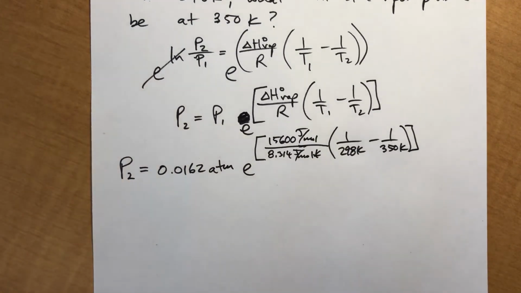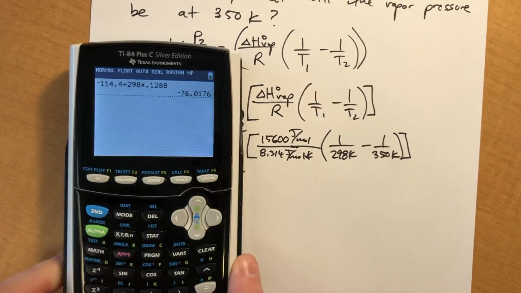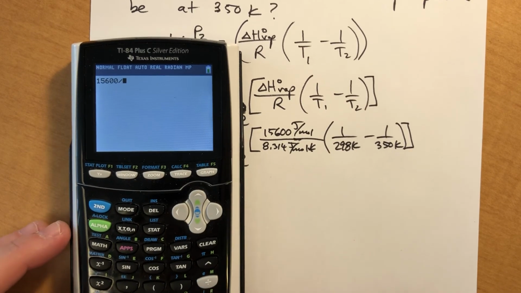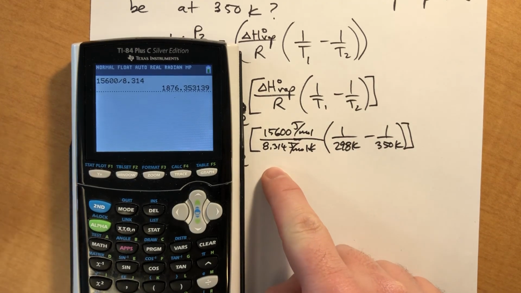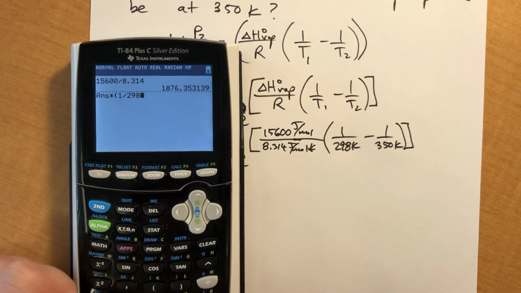Typing all this in can be a little difficult, so go slow, make sure you're careful and diligent about everything. I'm going to do the exponent stuff first. 15,600 divided by 8.314. Going to hit equals, whatever that number is, I don't even care right now, times 1 divided by 298 minus 1 divided by 350.